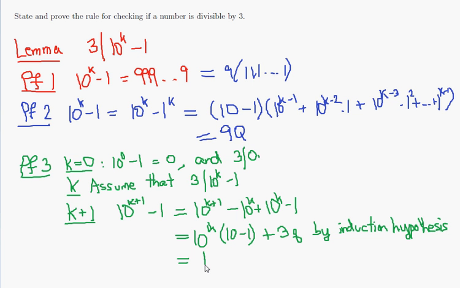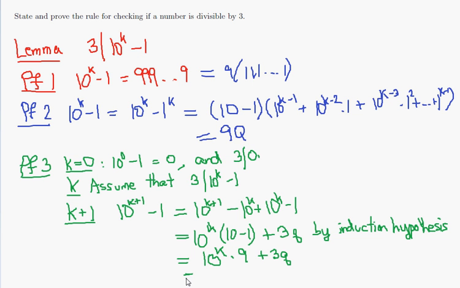And so this is equal to 10 to the k times 9 plus 3q. And that makes sense. If you have 10 to the k plus 1 minus 10 to the k, that's going to be something like 90 or 900 or 9,000 or 90,000, 9 times 10 to the k.